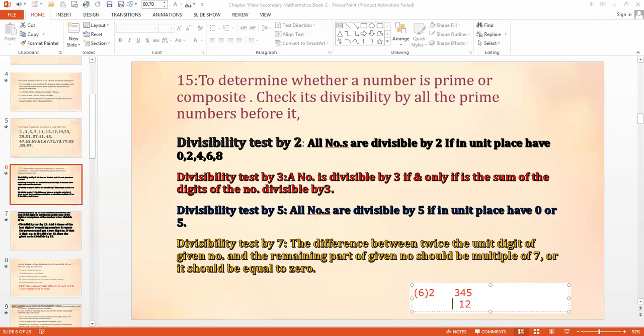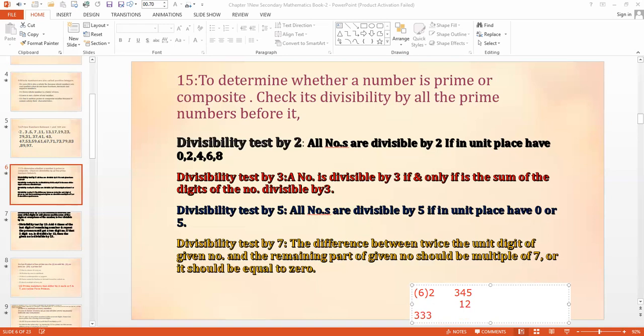Now I have to subtract this 12 from the remaining 345. Please help me in subtracting this. Very easy. Who will tell me, 345 minus 12, what will be my answer? My answer is 333.